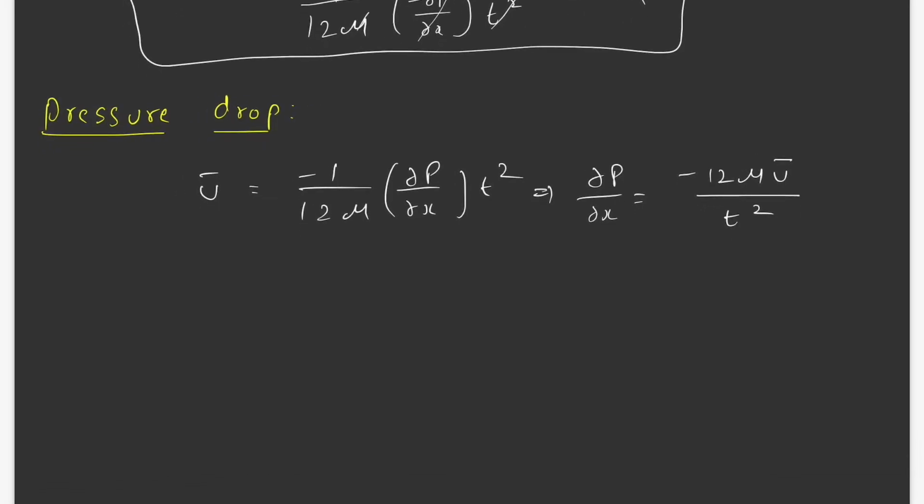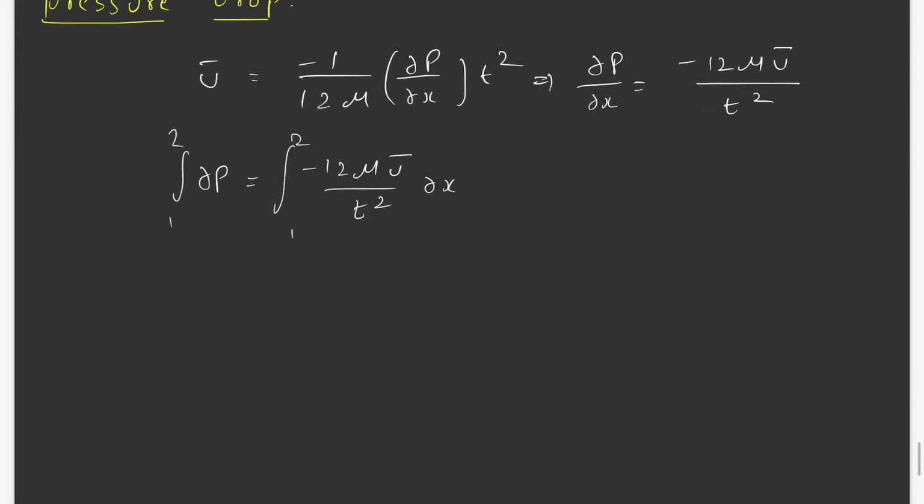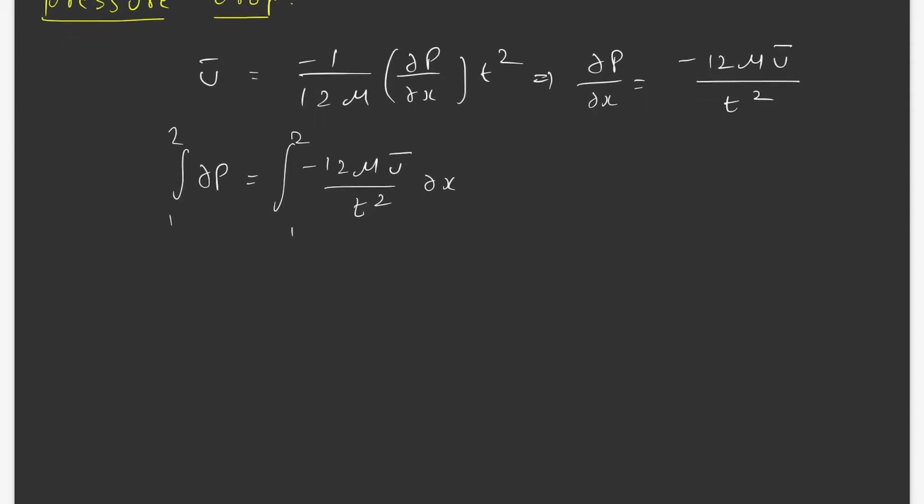Or to get the pressure difference, what do we do? Integral 1 to 2 of dou P equals integral 1 to 2 of minus 12 mu U bar by T square dou X. What do we get?